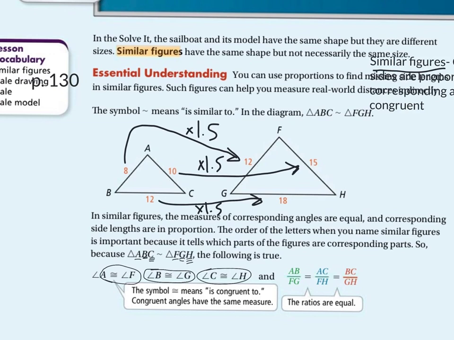So AB and FG, how do I get from AB to FG? Multiply by 1.5. So in other words, if you do 12 divided by 8, you'll get 1.5. So we're multiplying by 1.5. 10 to 15 multiplied by 1.5. 12 to 18 multiplied by 1.5.